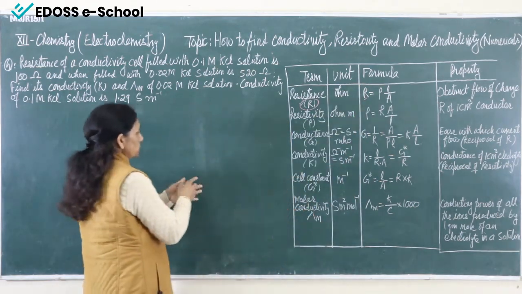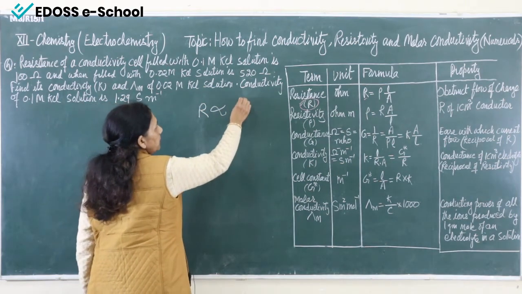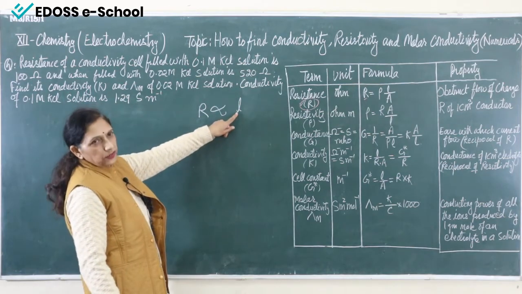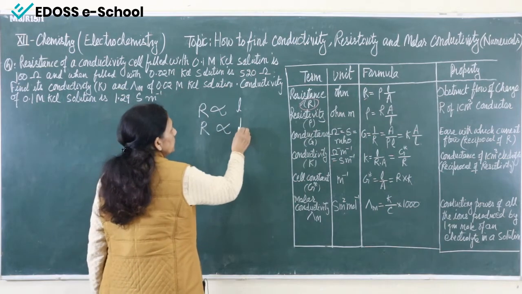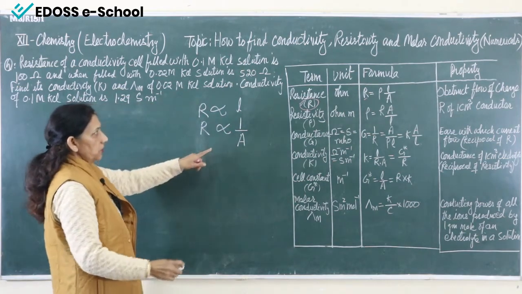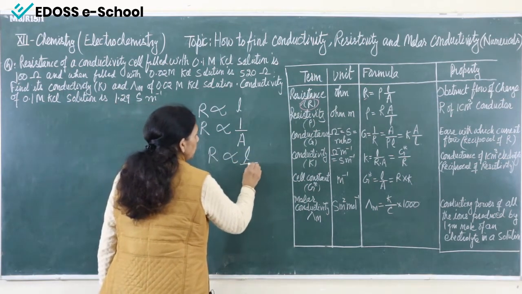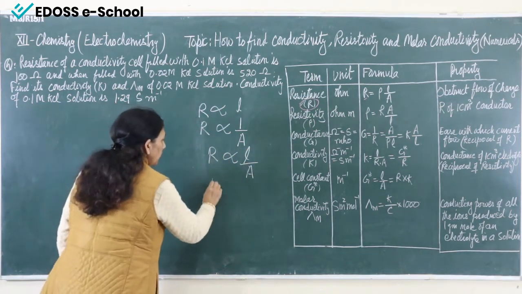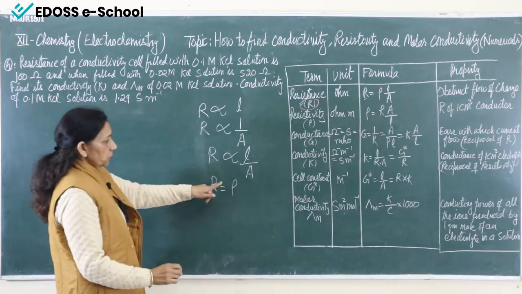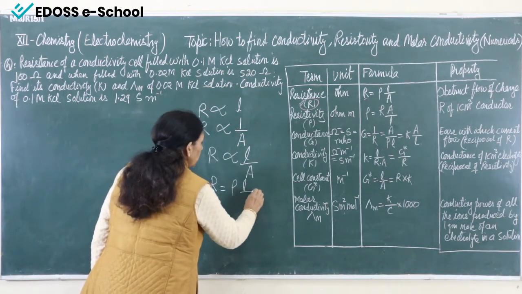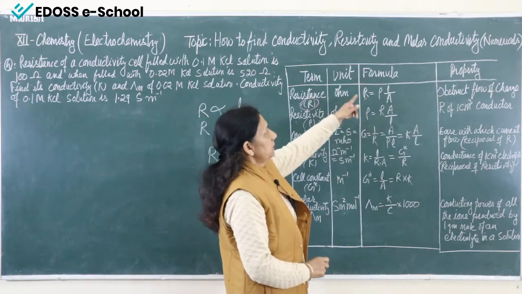We know that resistance R is directly proportional to the length of the conductor and inversely proportional to the area of the conductor. So R is proportional to L upon A, or R is equal to rho L upon A, where rho is the constant of proportionality. This is the formula for finding resistance.